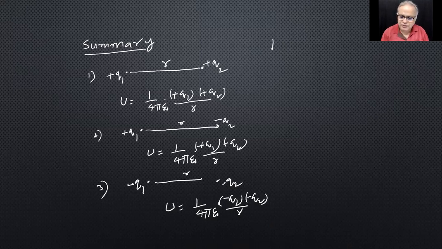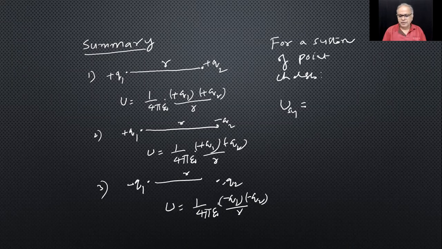So for a system of charges, we can finish it here itself. For a system of point charges, U will be what?